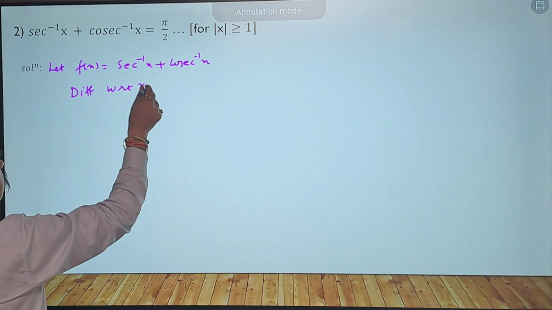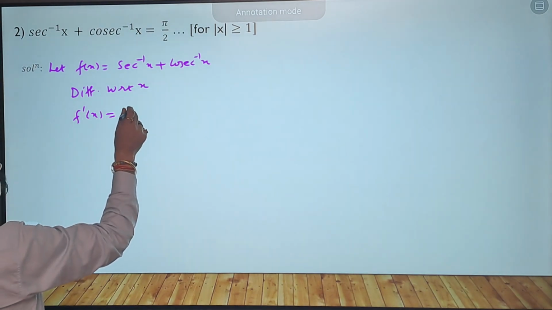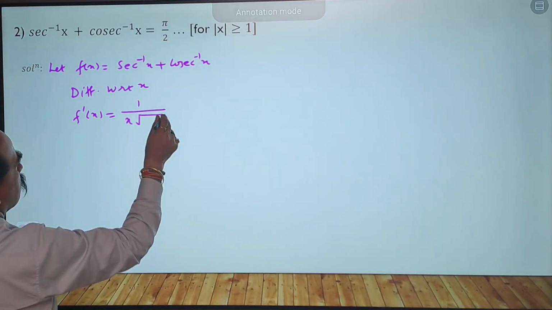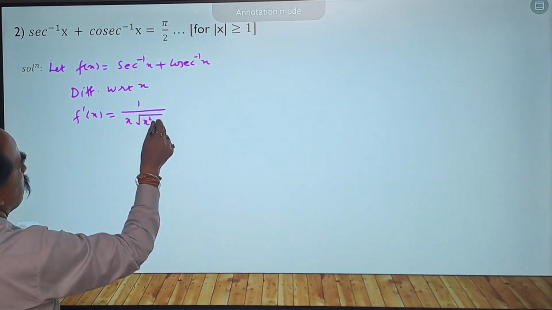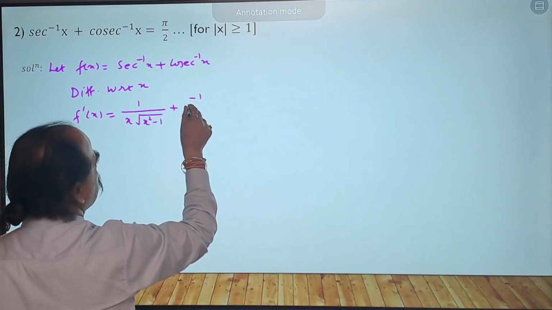Differentiating with respect to x, derivative of sec inverse is what? 1 upon x root x square minus 1, plus derivative of cosec inverse x is what? Minus 1 upon x root x square minus 1.